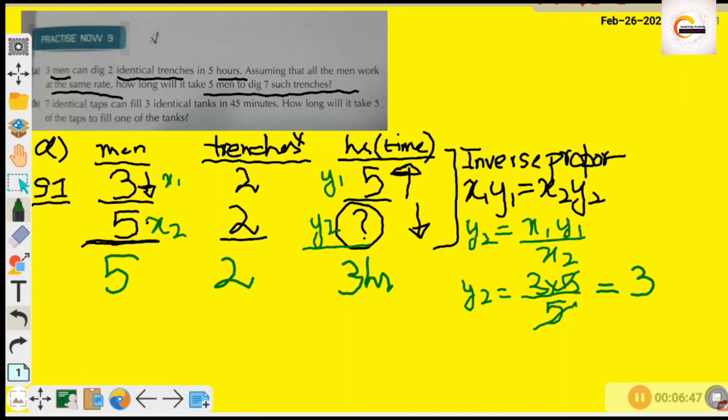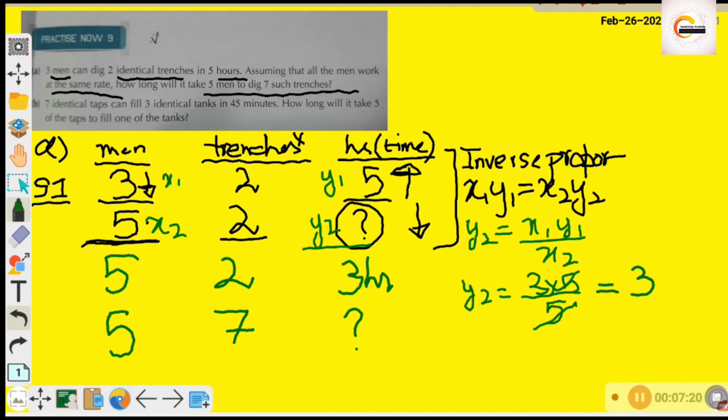Okay, now the second step, in which we are going to find out how long 5 men will take to dig 7 such trenches. So I am going to keep the 5 men constant, and we'll find out how long 5 men will take to dig 7 trenches.